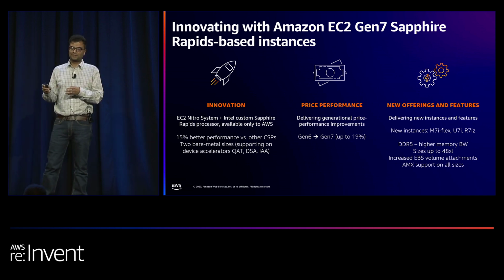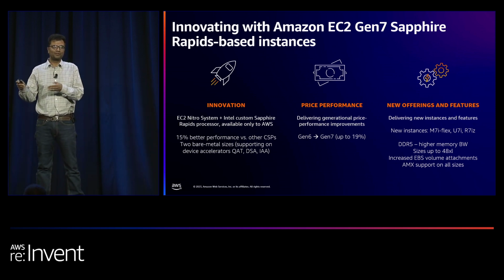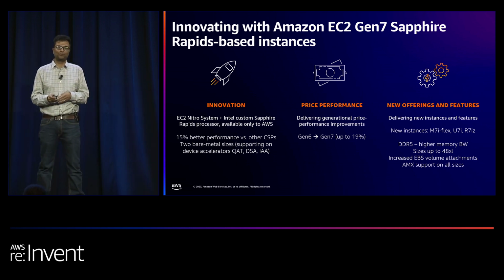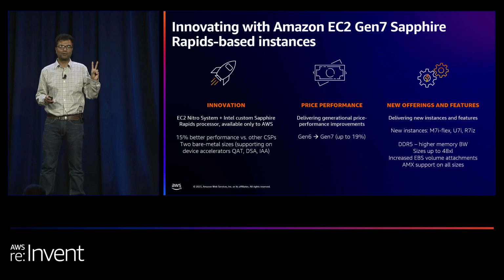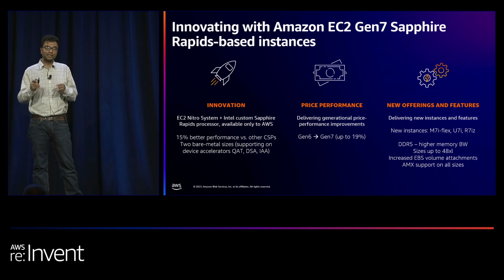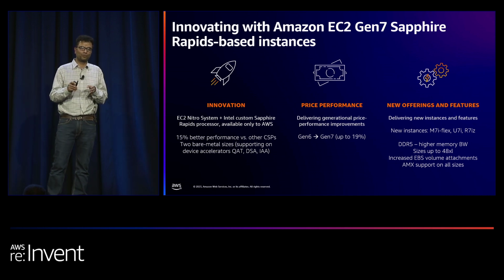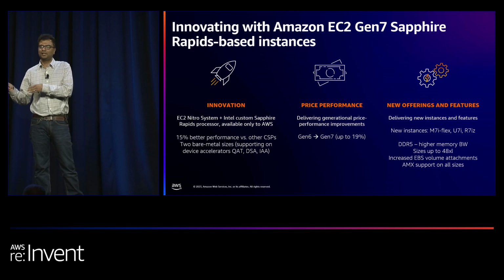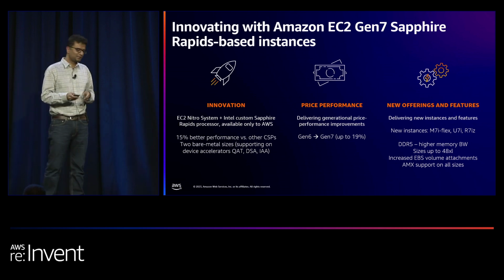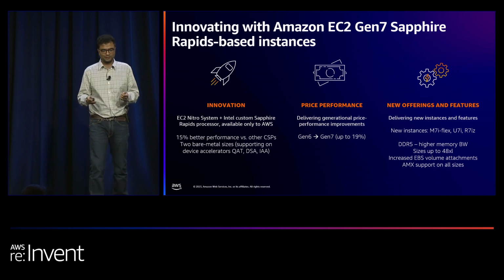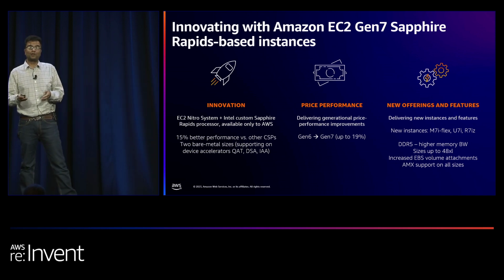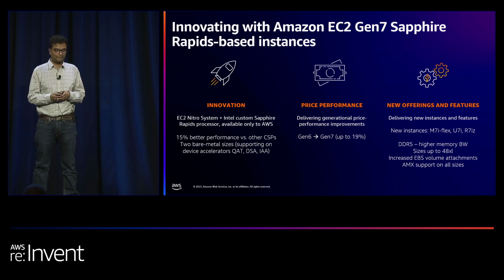Traditionally, EC2 instances were offered with a single bare metal size. But starting with Gen 7, for the very first time, we are offering 2 bare metal sizes with our Intel instances. Each of these bare metal sizes supports the discrete on-device accelerators that come with the Intel chips. There are 3 discrete on-device accelerators, QAT, DSA, and IAA, and these are supported on these bare metal sizes.